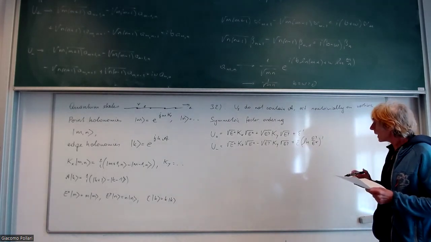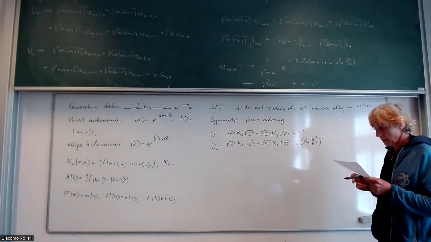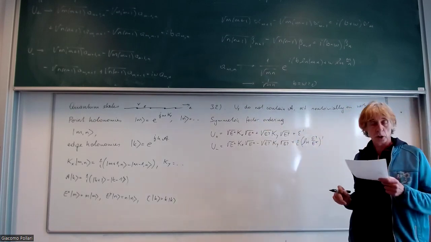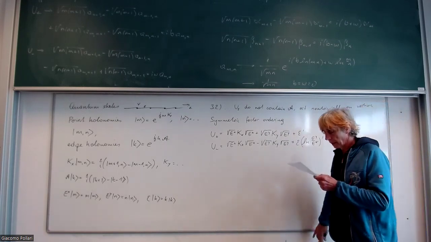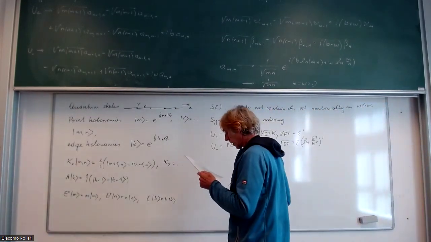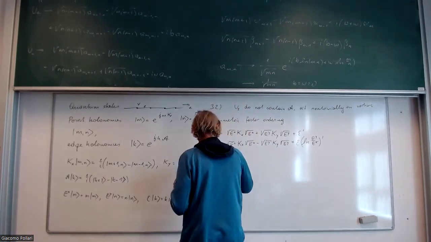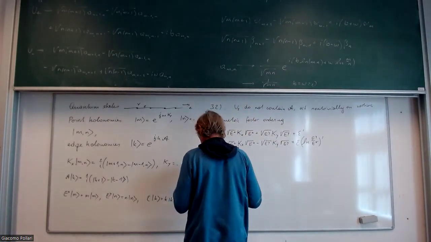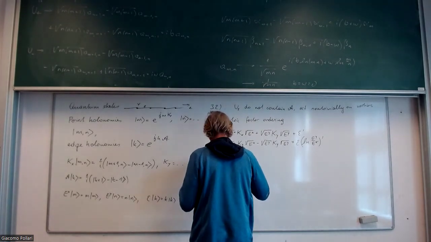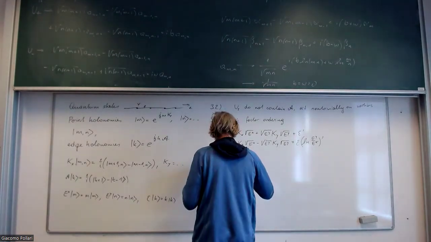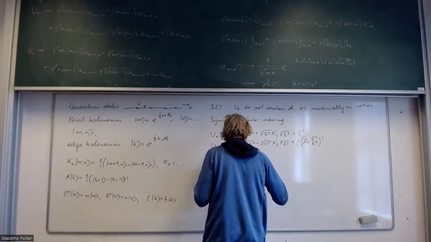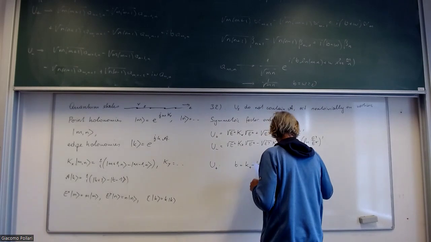So now we consider the action on the vertex of this one-dimensional spin network. So let's first consider U plus. Here we define E is K plus minus K minus.